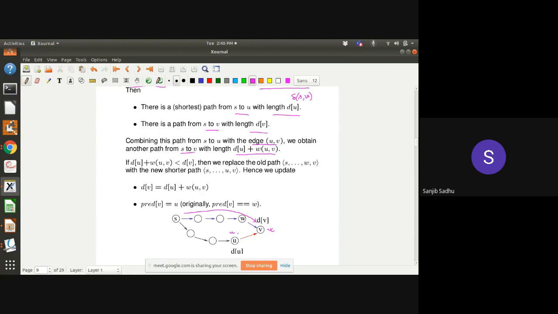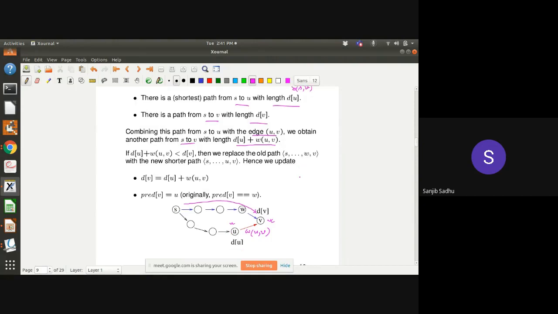Now I see that V is one of the adjacent vertices of U, and this is the weight of the edge U to V. I know that this is du. How much does it take to reach from S to U?